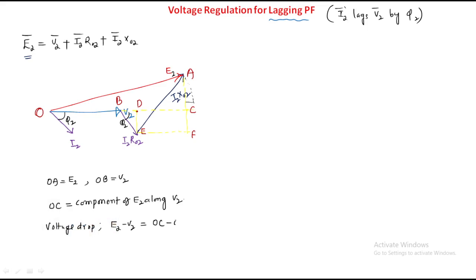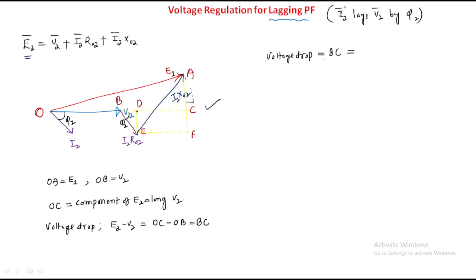With respect to this axis only we have to take, because we have extended the component of E2 along OC. That's why E2 is extended to this point. That's why OC minus OB, where OB is nothing but V2. E2 minus V2 should be equal to BC, right? BC. Therefore, voltage drop is BC only.